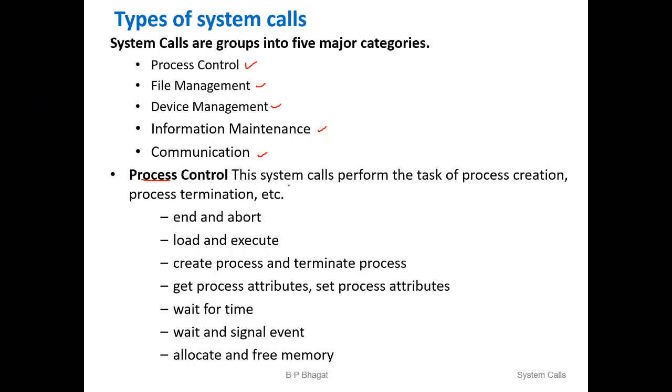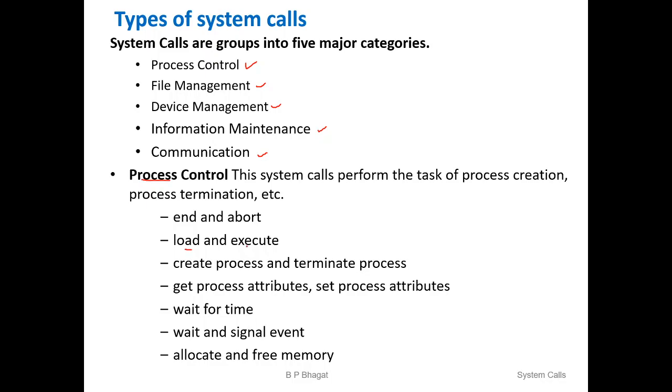This system call performs the task of creation of processes, termination of processes and so on. So whatever task that we want to perform related to process execution, all the related system calls come under this. Now say for example, if we want to load a process or a program into the memory, the system call used is load.